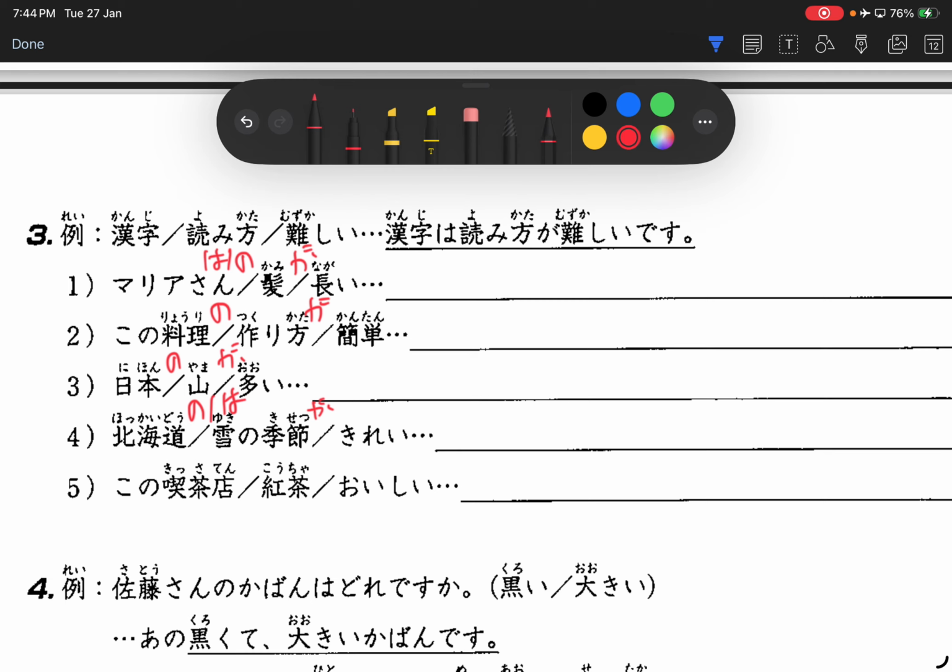Number 5. この喫茶店紅茶おいしい。この喫茶店の紅茶はおいしい。That is his answer. Can we change wa to ga instead? Does it work in this case?